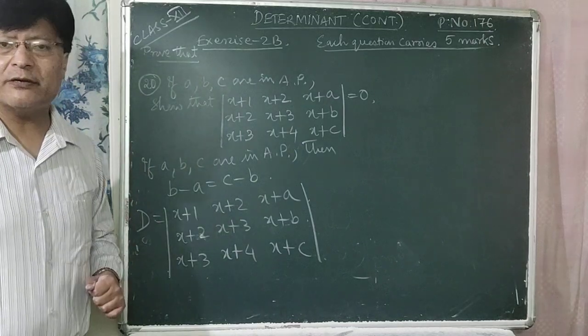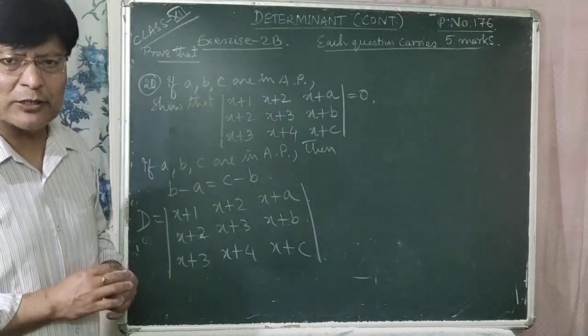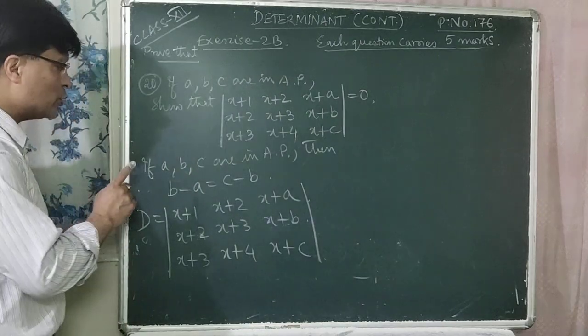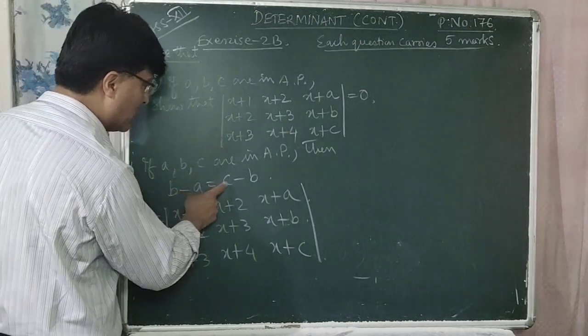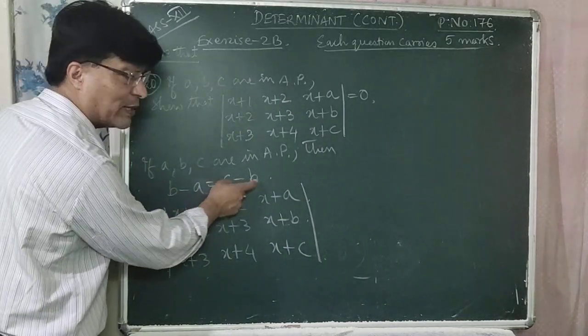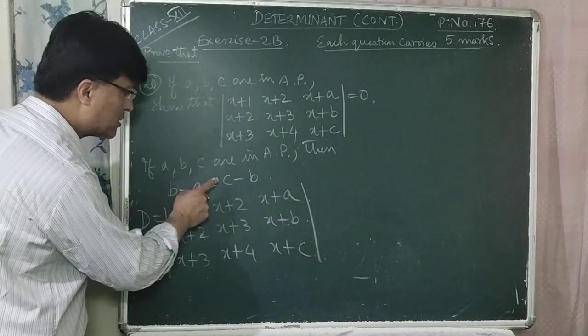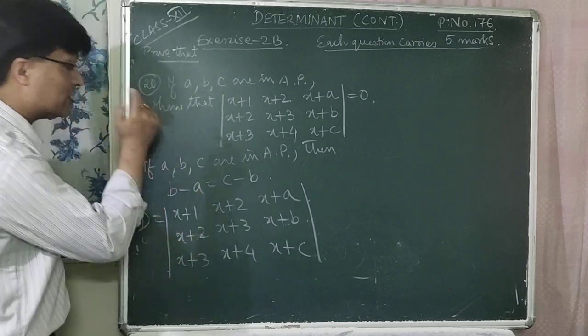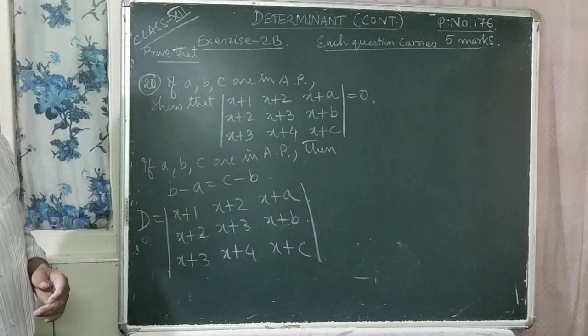You have to use the property in such a way that you should get either B minus A or C minus B, so that instead of B minus A, you can write C minus B, or instead of C minus B, you can write B minus A.